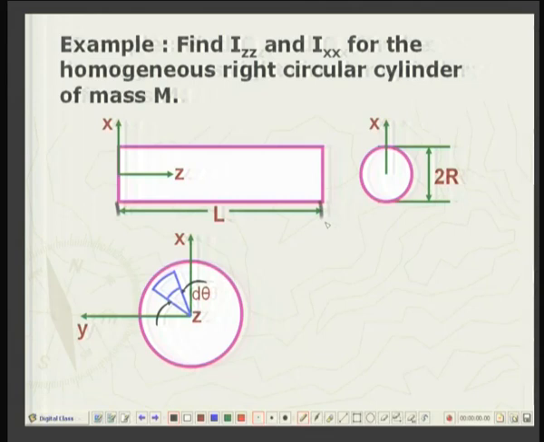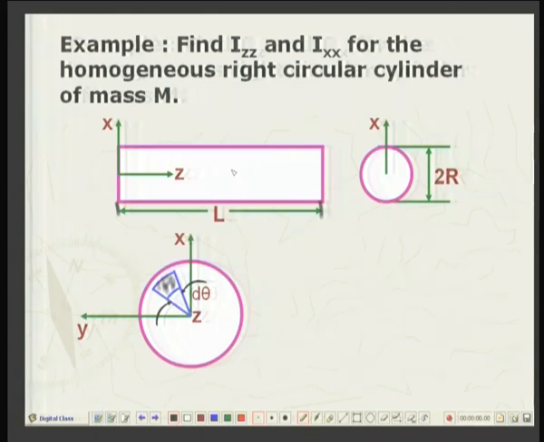Again, we can consider a small element which I have shown on a larger scale. This small element of the body is subtending an angle of delta theta. It is a narrow element, and the radial distance is dr, and the distance along the z axis, the axial distance, is dz.